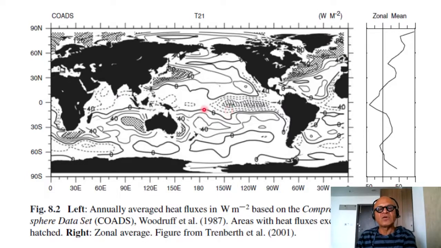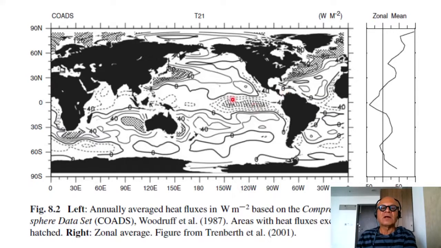Plus also on longer time scales, there has to be a global balance. The amount of heat going into the ocean has to equal the amount of heat coming out of the ocean. So if you take negative and positive numbers and average over the globe, that should become zero at some time scale. There is a time scale.